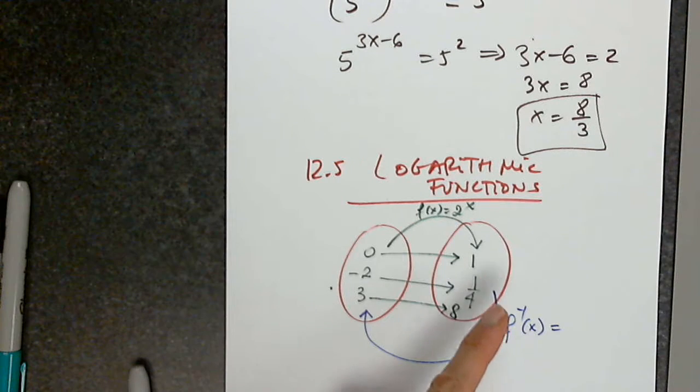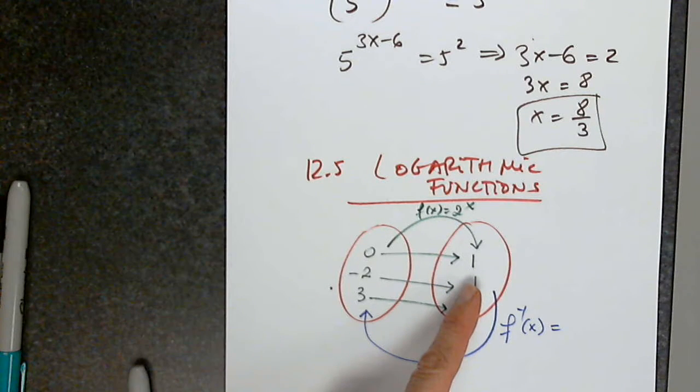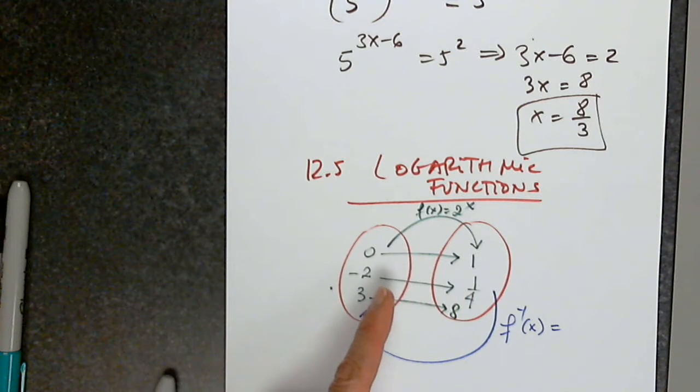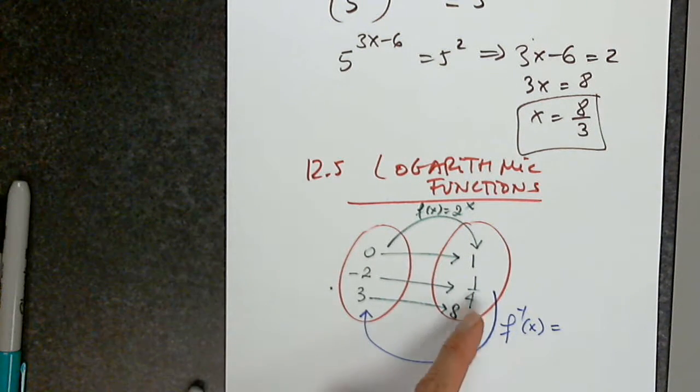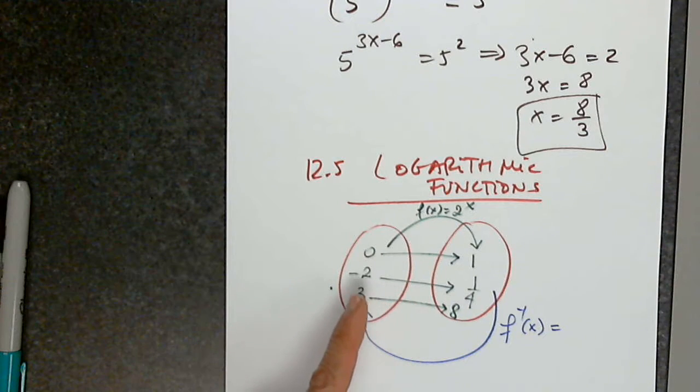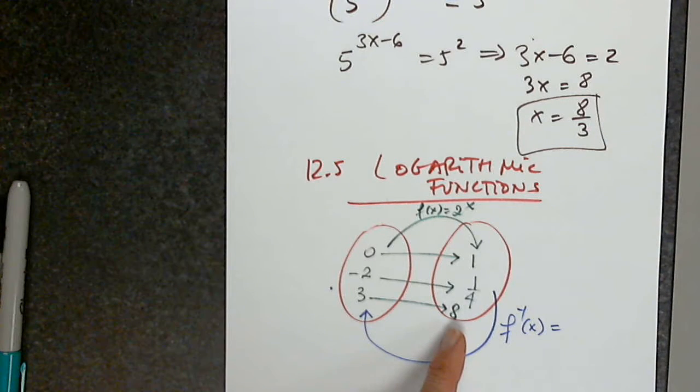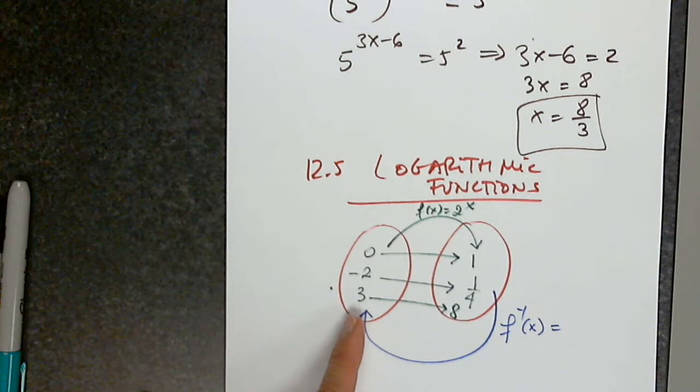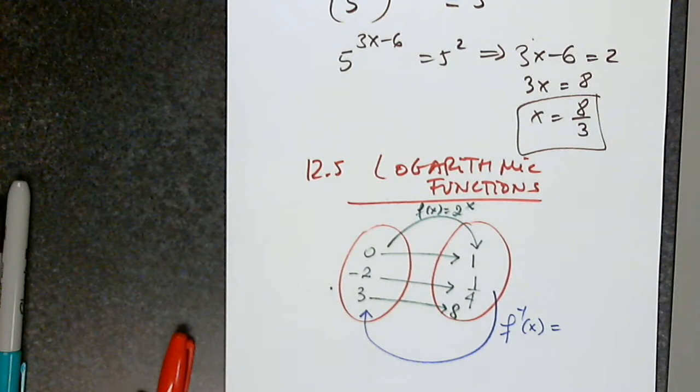F inverse will be applied to 1, and the result must be 0. F inverse will be applied to 1/4, and the result must be negative 2, because we reversed the coordinates, right? And f inverse has to be applied to 8, and it will return 3. Okay, I will show you how we do that, and indeed, it works.